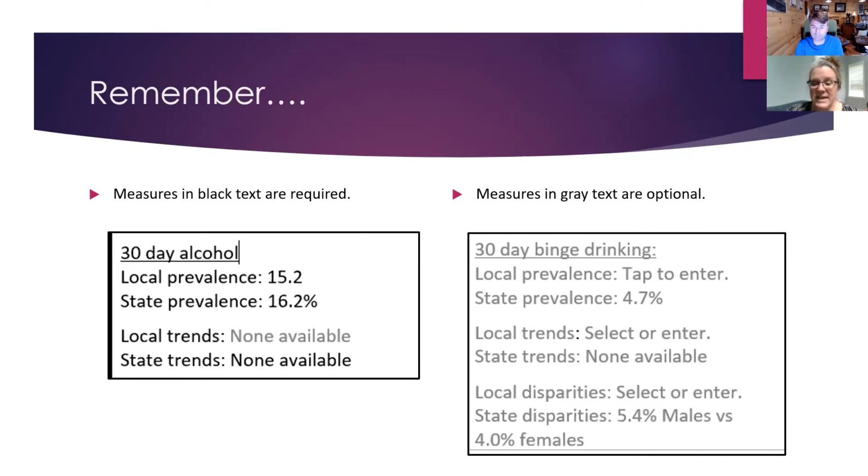And then you can see on the right-hand side of the screen that the original entry showed select or enter. And so if you had no data, you could just select none available. If you had data, you could type it in. And if you had data but you had concerns about it, you could type in that there was data, but there's significant quality concerns, or something to that effect, just to show that you have it, but you're not confident.